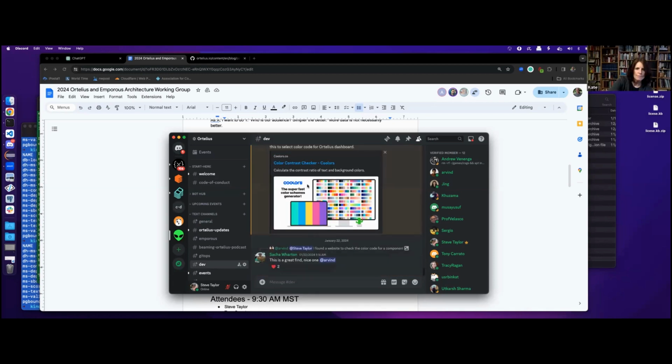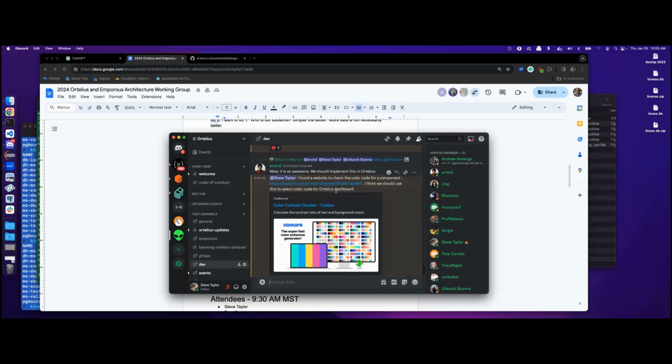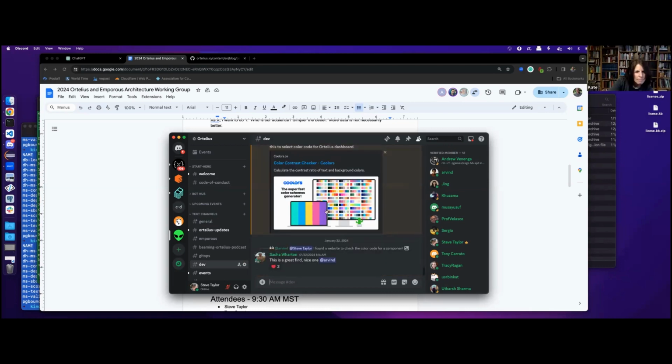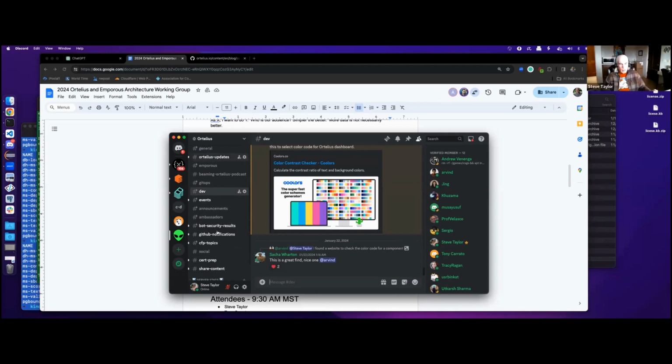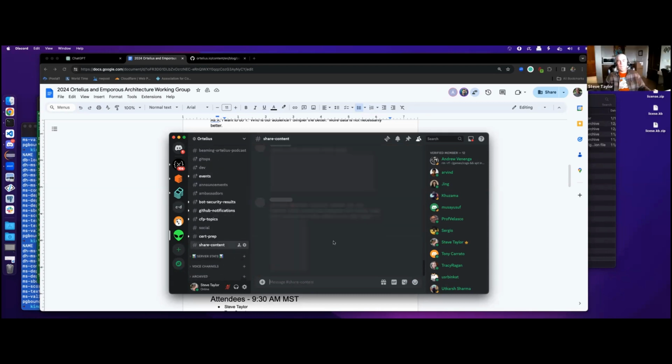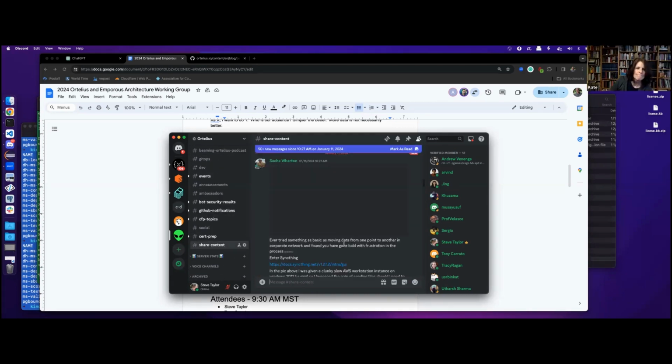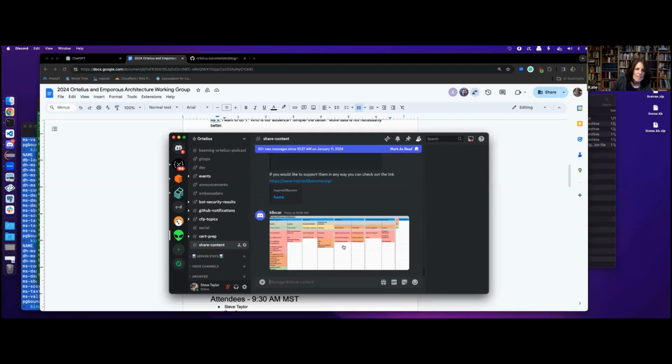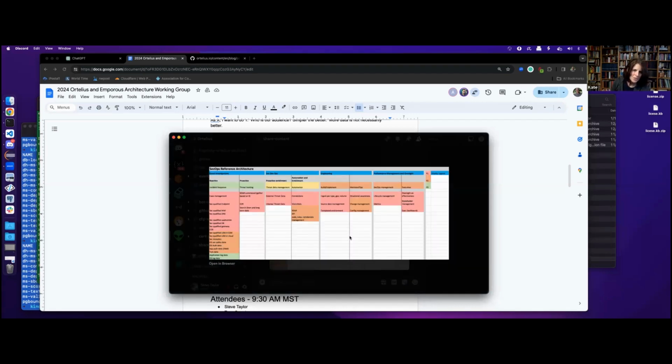This one? No, Cat has shared in the share content channel at the bottom. Oh, okay. Yeah, share content. Got it. Okay. It's pretty, maybe too extensive, but we can pick and choose.